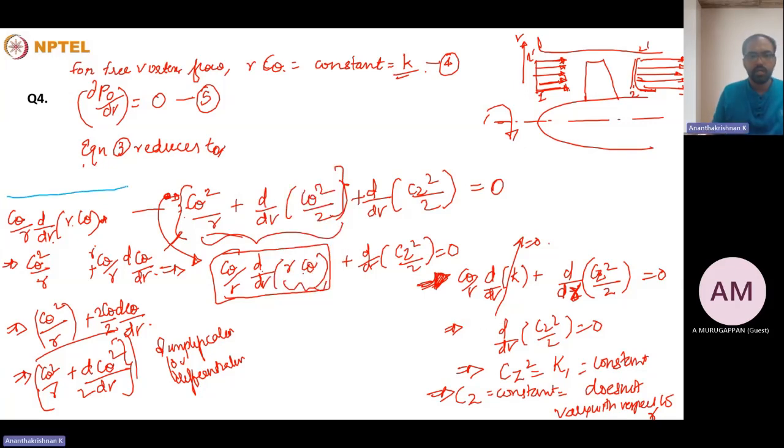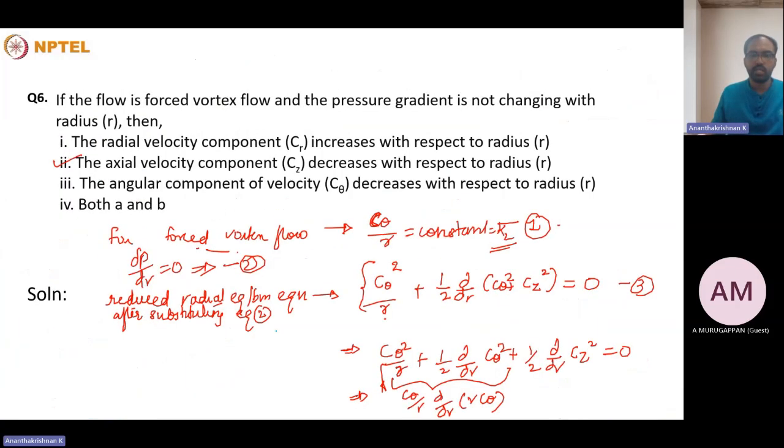This is the simplification using the differential equation. So these two terms can be simplified into this form using this analysis. The same we use here as well.